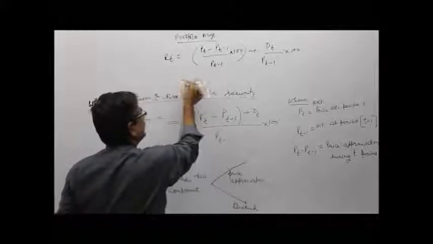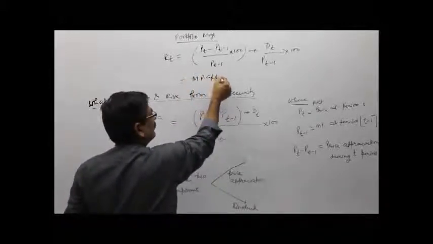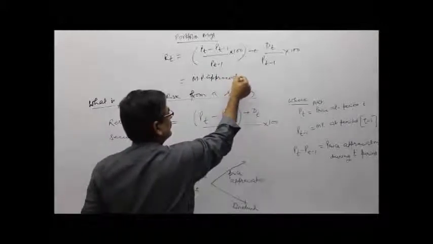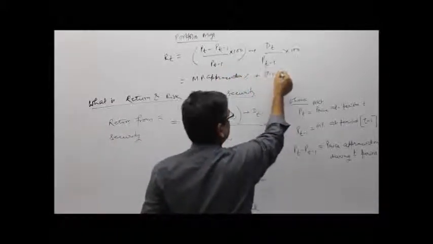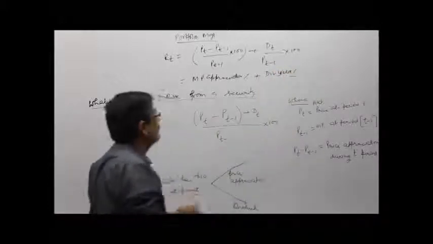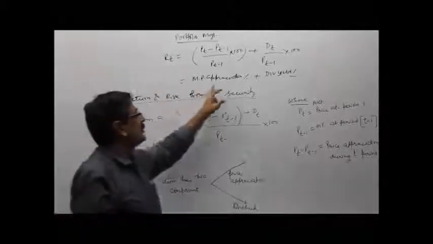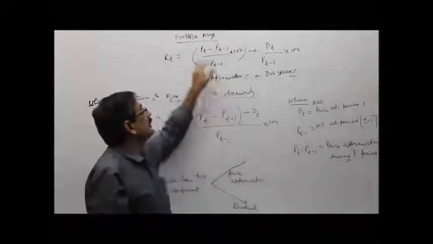So we directly say it is market price appreciation percentage plus dividend yield percentage.